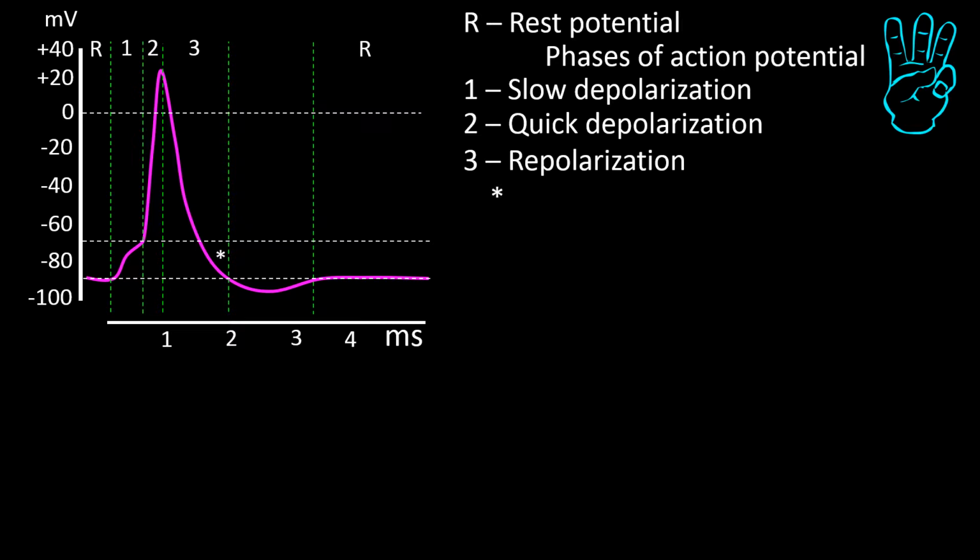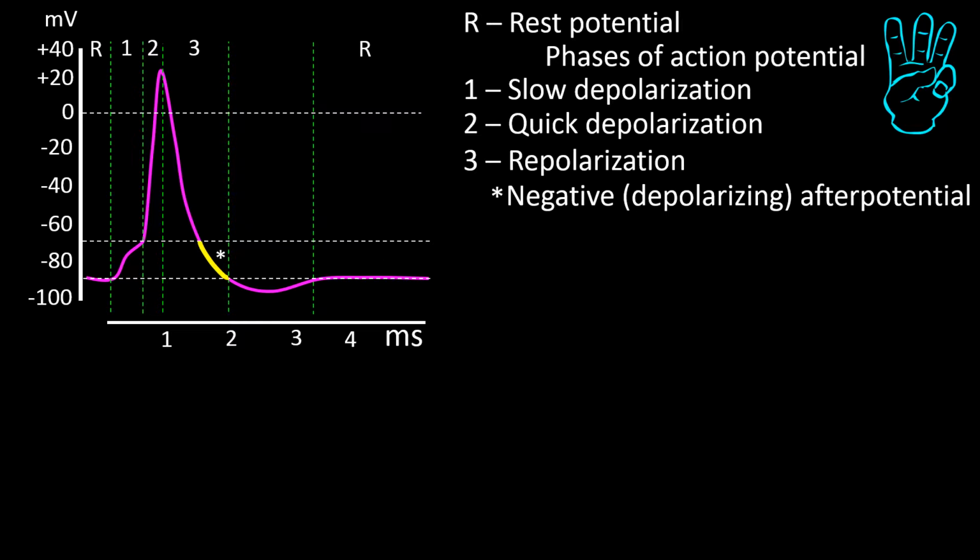As this phase ends in the area close to the asterisk I just placed in this frame, the segment of the action potential that I have colored yellow, between the threshold and the resting potential, you find a segment called the negative after potential.